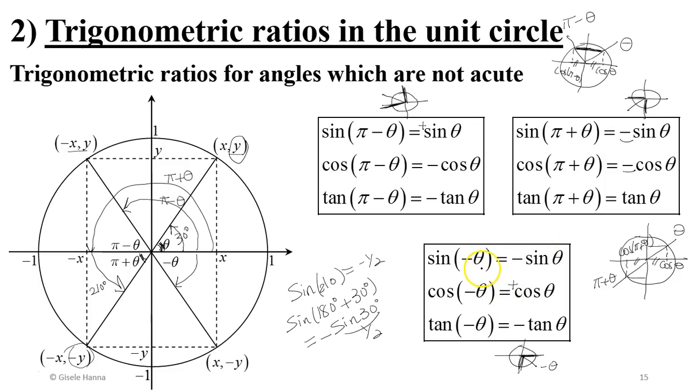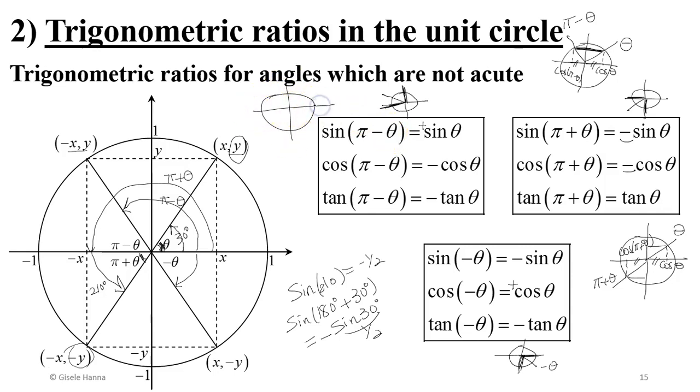Just one last remark before we move to the next example: when we explained these identities, we were considering theta to be in the first quadrant, an acute angle. However, whatever theta is, these identities always work. This identity would still work if theta was 150 degrees, for example.